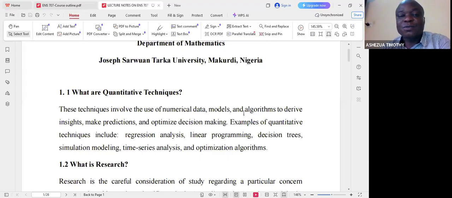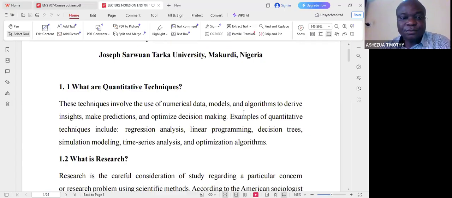And quick examples of quantitative techniques include regression analysis, linear programming techniques, decision trees, population modeling, time series analysis, optimization algorithms, and many other approaches that you could deploy to analyze data and make useful insights from the data you've analyzed. These techniques are called quantitative. Now, what is research?